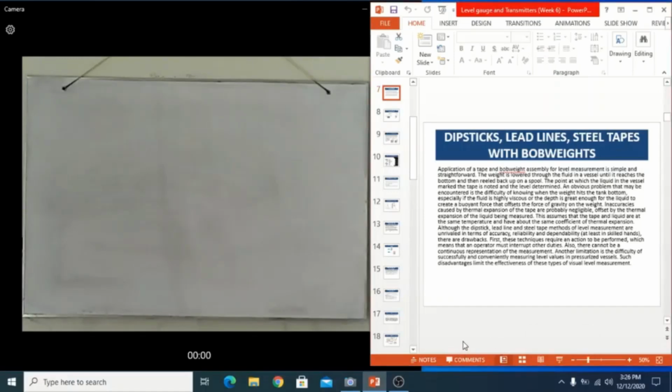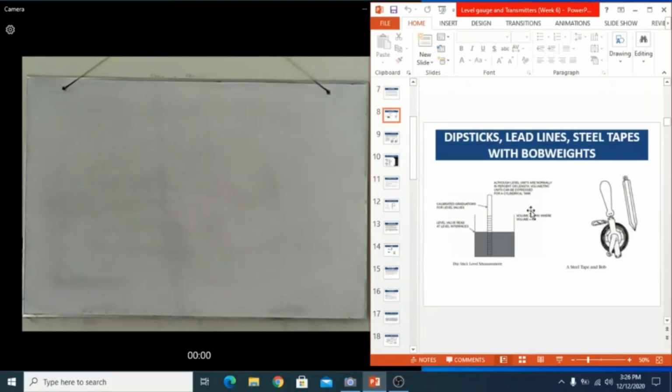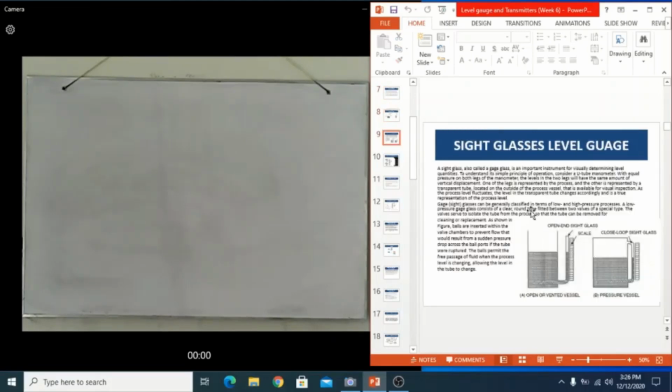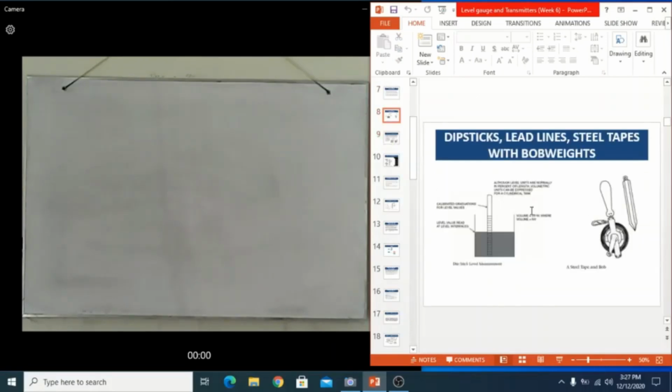Okay, so far we have covered dipstick, lead lines, and steel tape with bob weights, and the second one is side glass level gauges. So I'm just giving you certain information related to these types of manual, or you may say visual gauges or methods of measurement of the level.